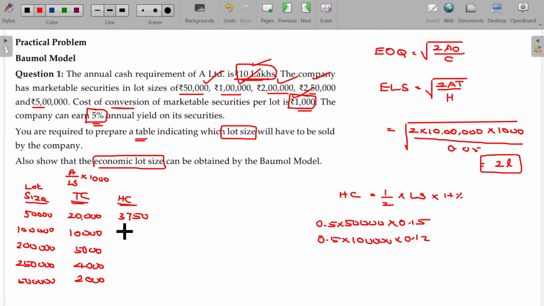It's simply double times, right? 7,500. Then 0.5 into 2 lakhs into 0.15, 15,000.